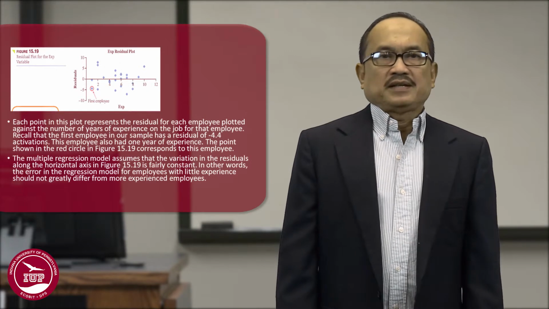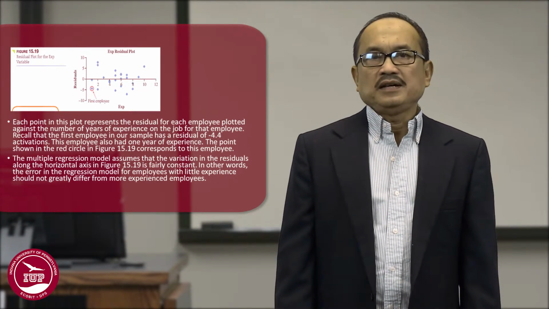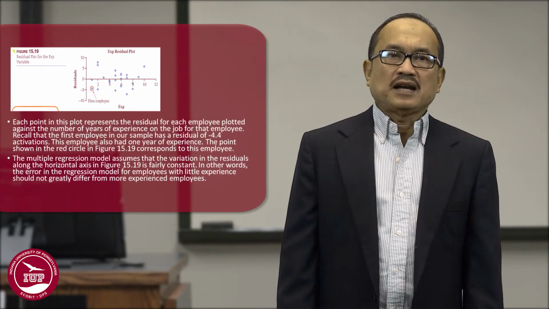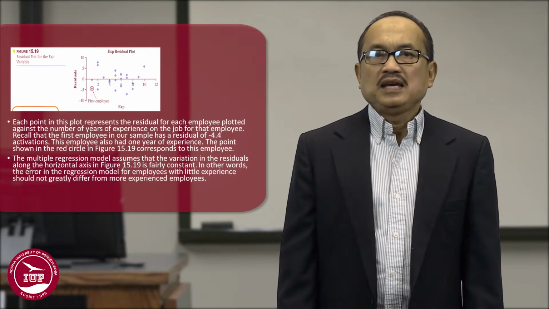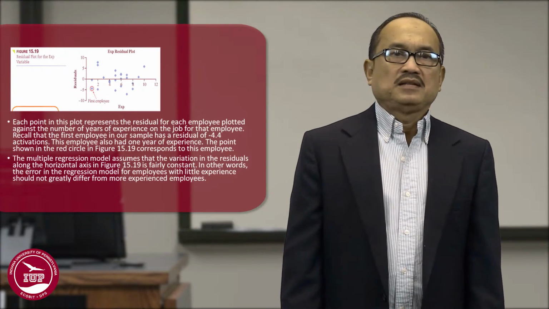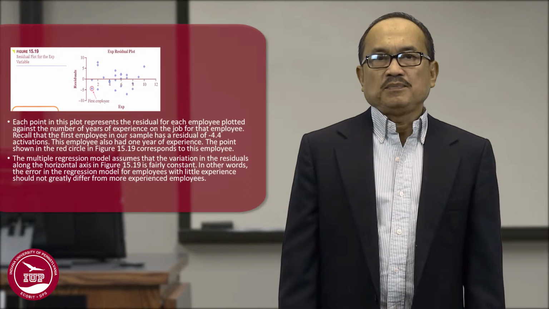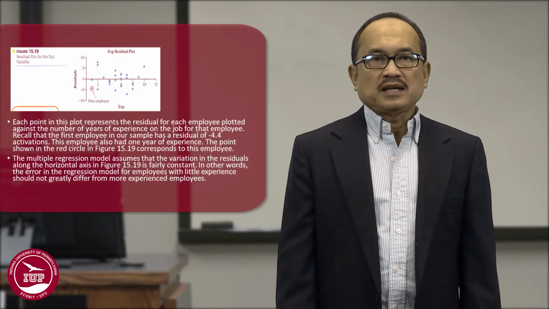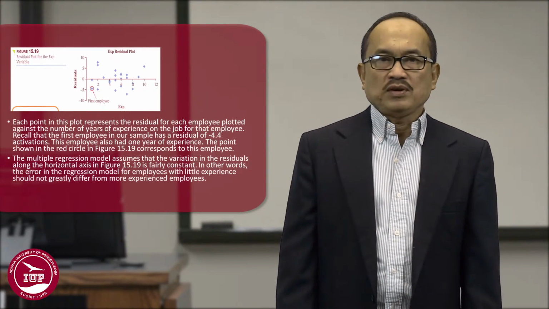The multiple regression model assumes that the variation in the residuals along the horizontal axis in figure 15.19 is fairly constant. In other words, the error in the regression model for employees with little experience should not greatly differ from more experienced employees.